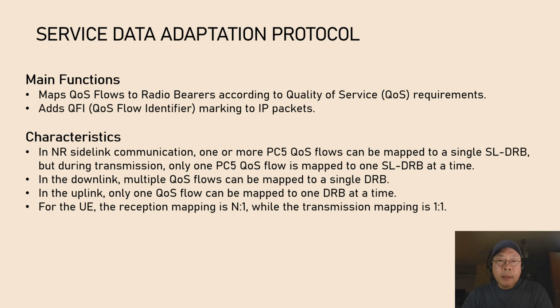For downlink, multiple QoS flows can share a single DRB, while in uplink, the mapping is strictly one-to-one. From the UE's perspective, this means N-to-1 mapping for reception and 1-to-1 for transmission, ensuring efficient resource use and consistent QoS management.